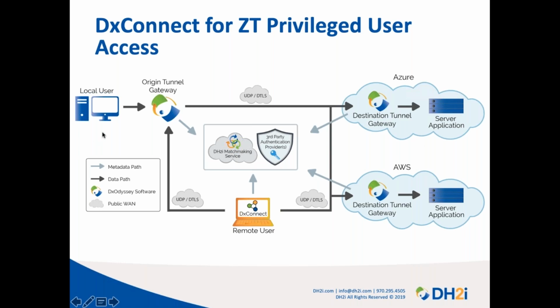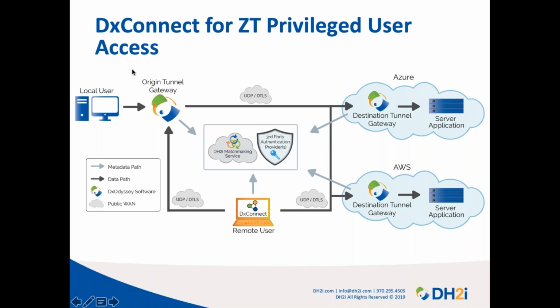Okay, so what's really great about that is that that site is completely isolated from the destination. There's no VPN in the mix here whatsoever. And that user simply connects locally to that origin gateway. So it doesn't have to actually connect to any remote service.